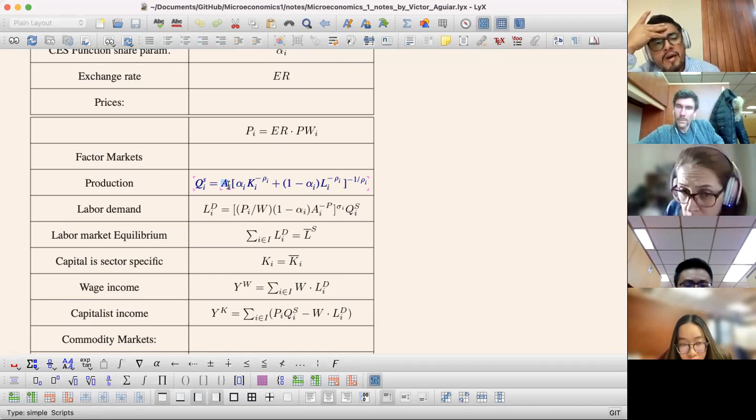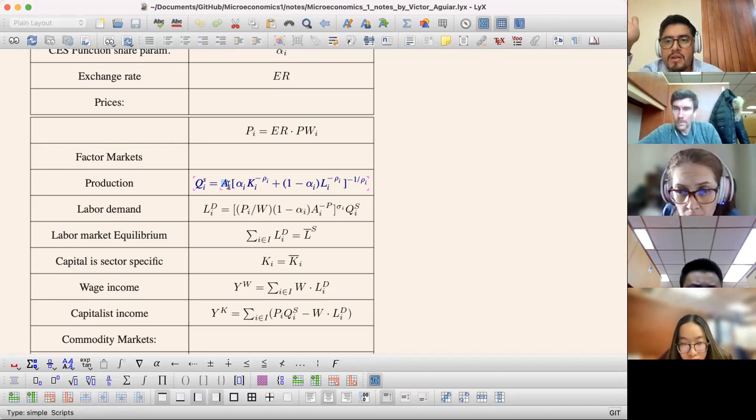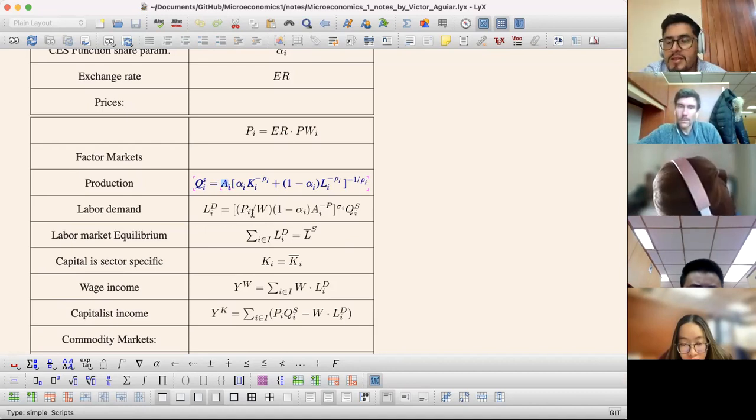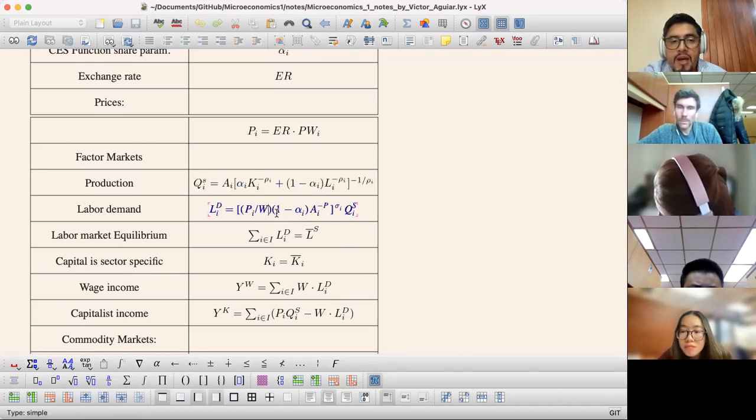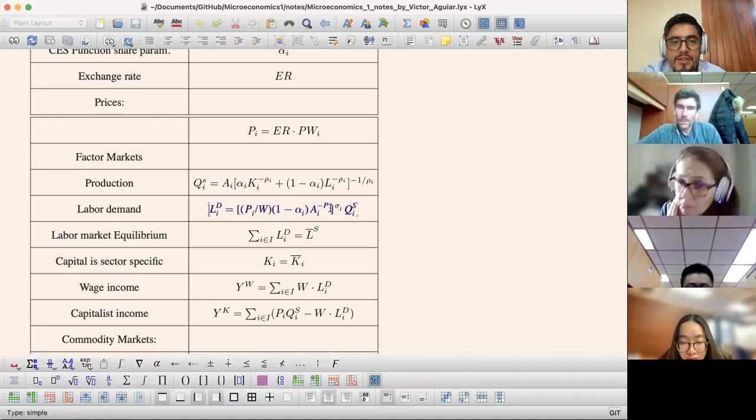Now, labor demand comes from utility maximization. Labor demand is from the first problem. This is the optimal input demand of labor. So labor demand here is given by the price of the goods divided by the wage, multiplied by the share in the production function, multiplied by the scale, and then multiplied again by the price and the share sigma multiplied by the output.